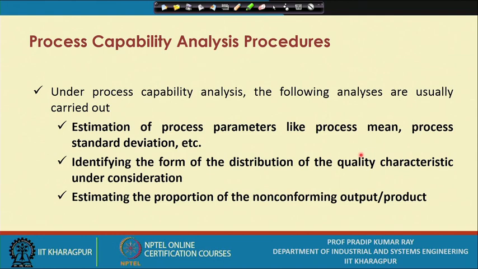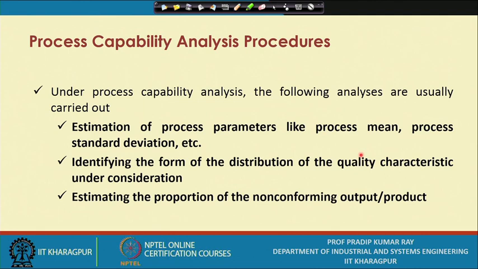At the second step, we identify the form of the distribution of the quality characteristics under consideration. We are already aware of the types of random variables you come across. Now there must be some distributional assumption for a particular random variable, and the quality characteristic values which you get are all random variables.